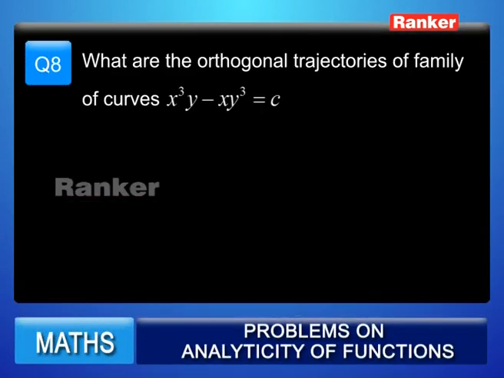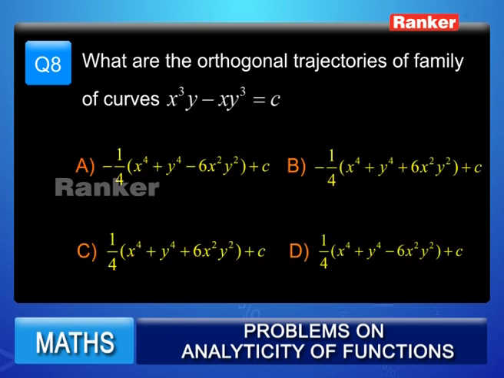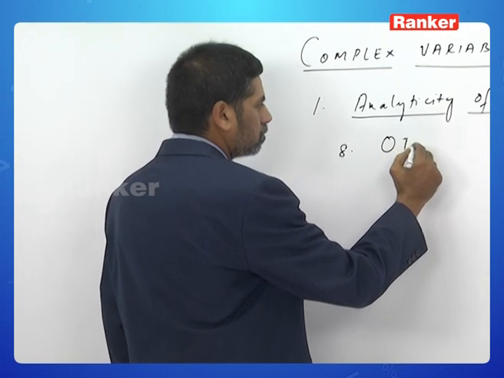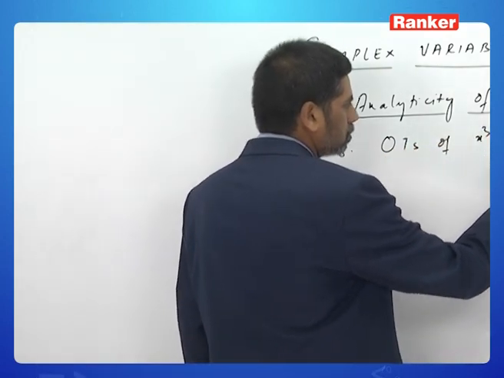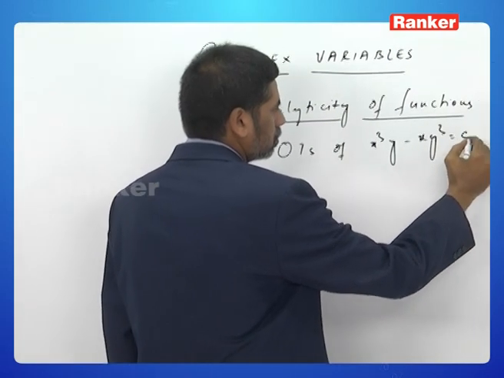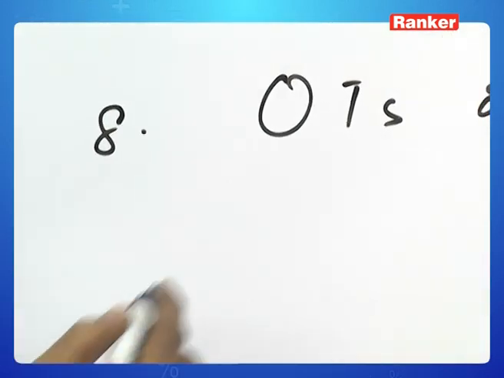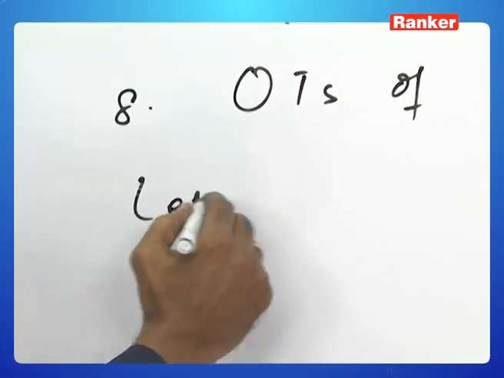Question number 8. What are the orthogonal trajectories of the family of curves x cube y minus x y cube equal to constant? We can do this problem using complex variable theory.